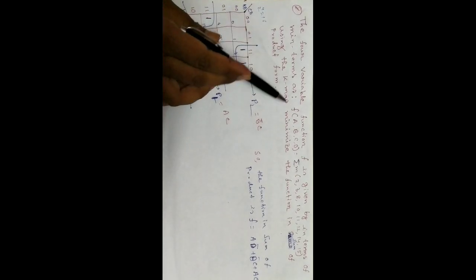Okay, now we discuss this problem. To solve this problem, at first we draw a table denoting the minterms. So we draw a table like that. Here a 4 variable function is given, so 2 to the power 4, 16 cells we draw.